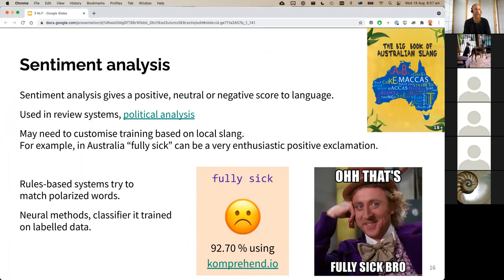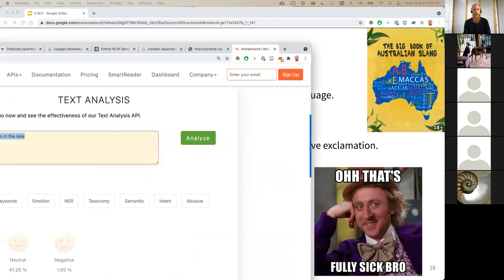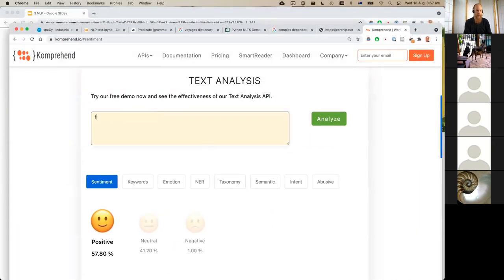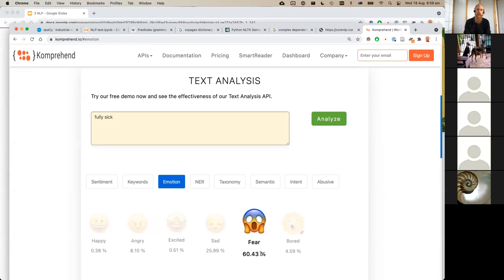So these, I'll try this one too. Fully sick is some Australian slang. Developing these kinds of systems, we need to be considerate of localization. If I put in "fully sick", the sentiment is emotion, and the fear value is very high.